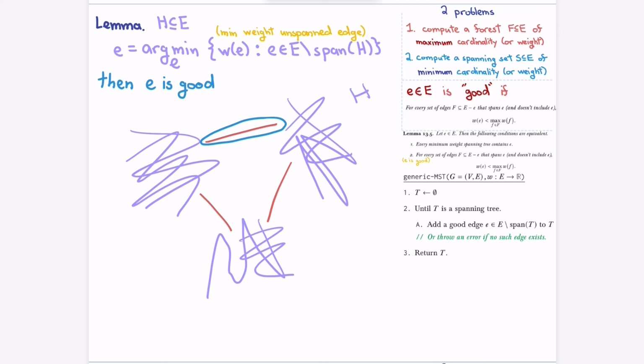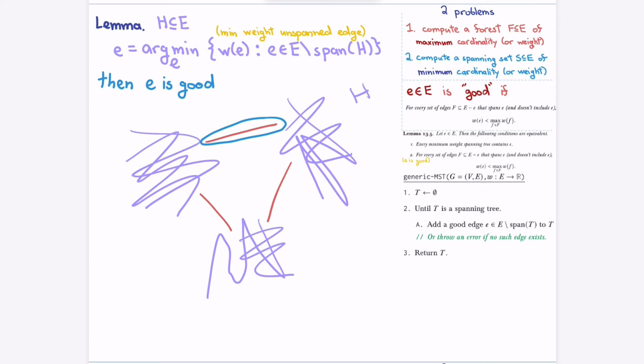So how can we prove this? To prove E is good, I need to show that for any set of edges F that spans E, the weight of E will be smaller than some edge in the span.